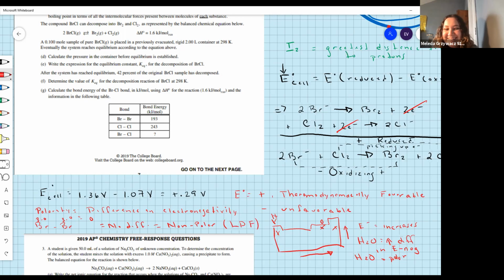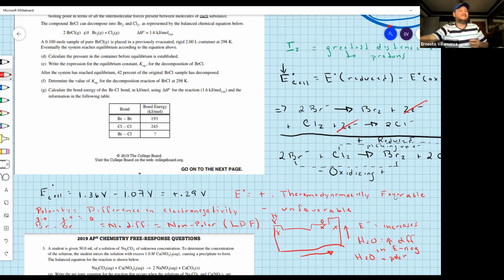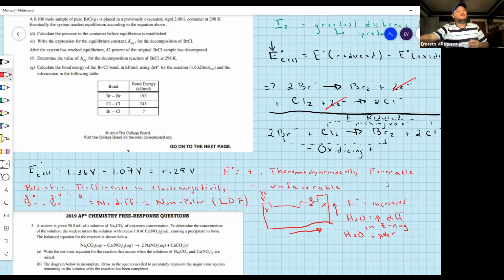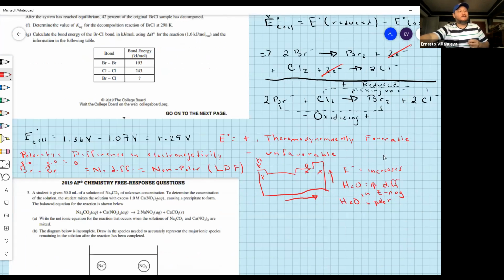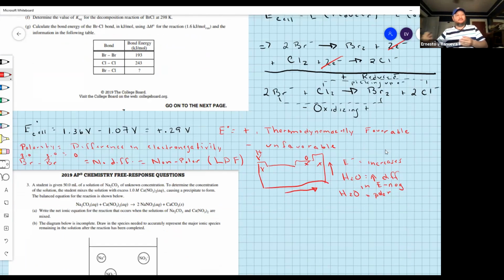The London. There you go. We're going to see primarily London dispersion forces, right?